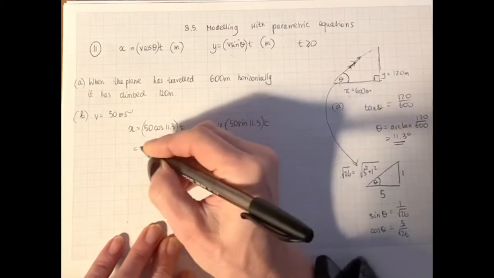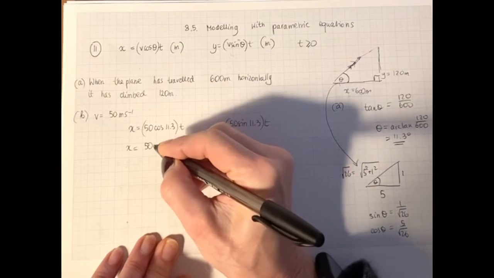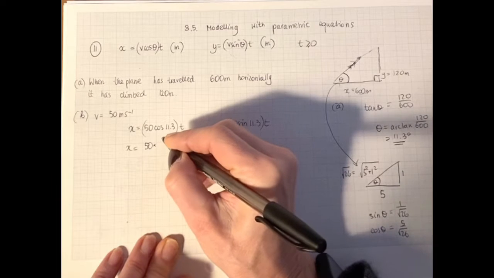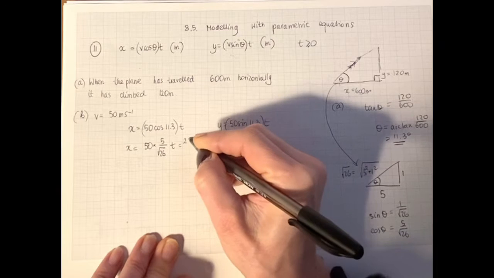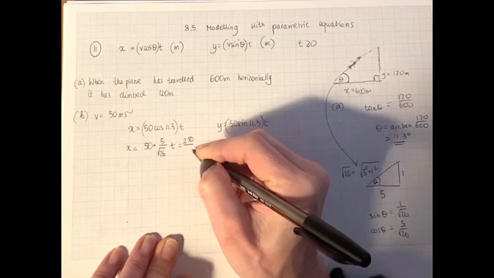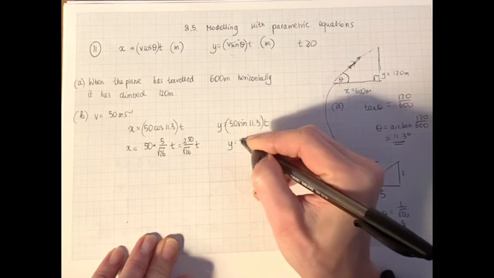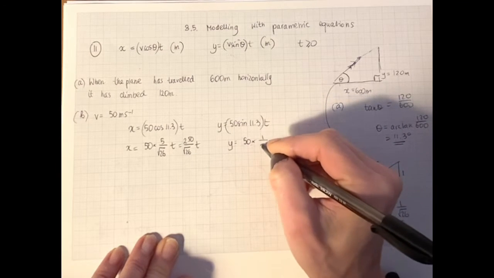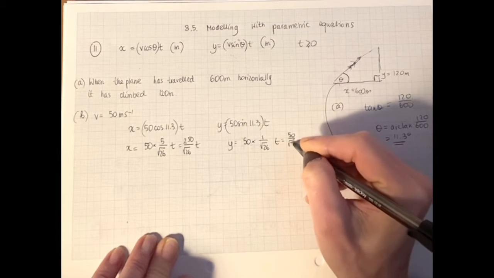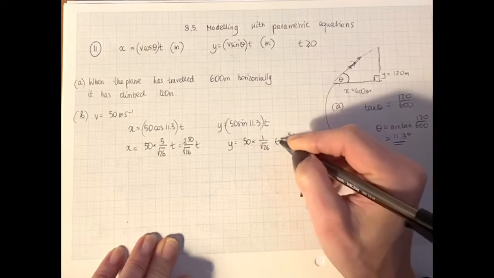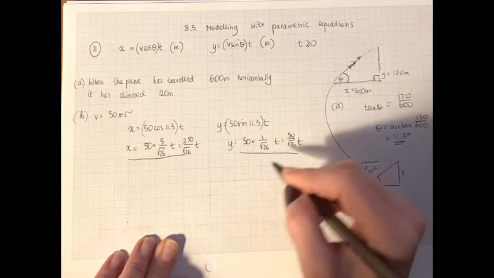So the equation for x is going to be 50 times 5 over root 26 t, so that's 250 over root 26 t, and y is going to be 50 times 1 over root 26 t, or 50 over root 26 t, and you can rationalize the denominator. So these are the equations involved.